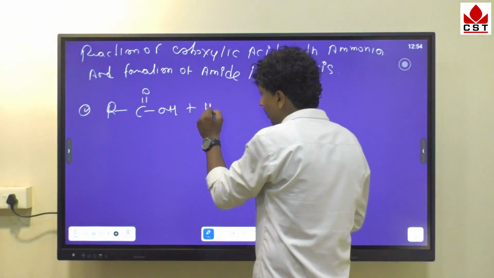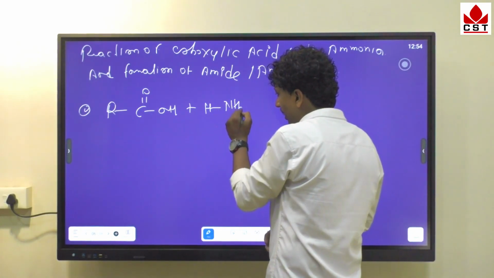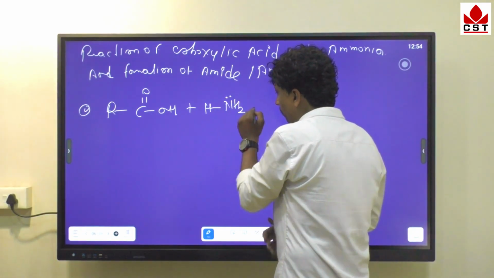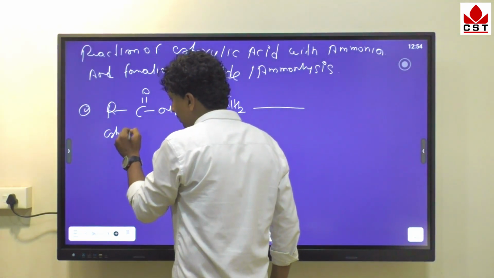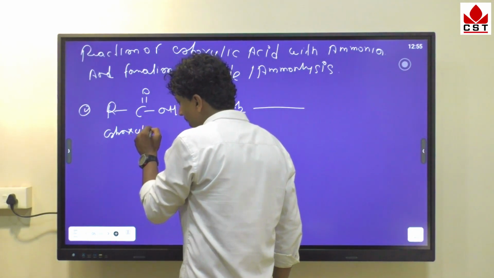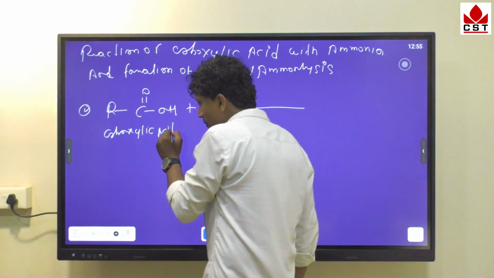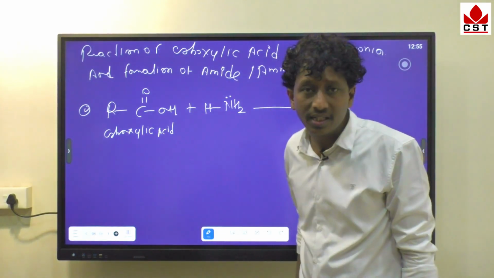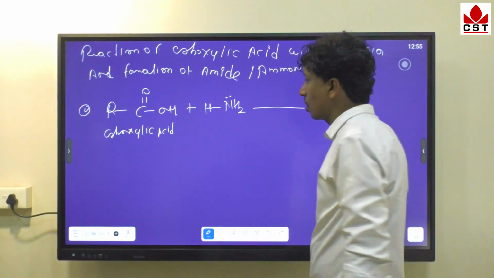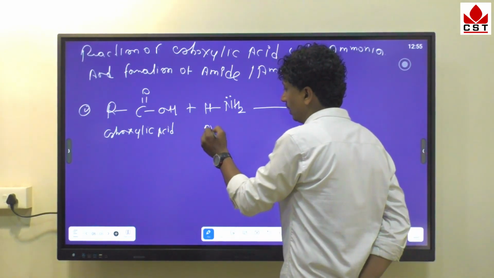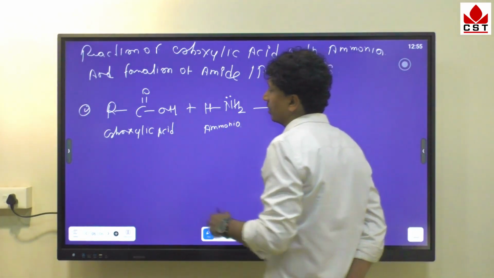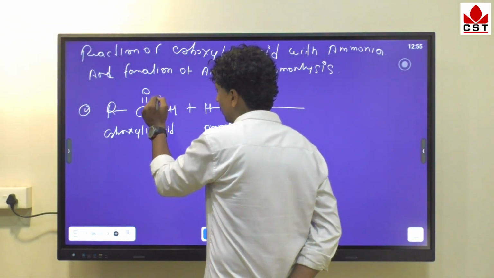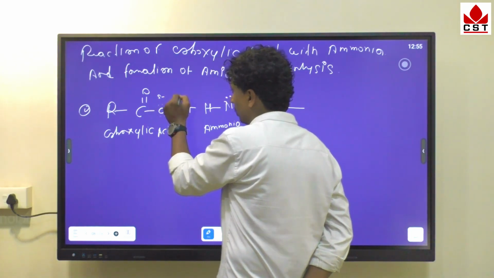NH3 contains a lone pair. The carboxylic acid is the acid. In the reaction of acid with ammonia, a salt forms. The NH3 lone pair is the ammonia. There is oxygen with delta negative and delta positive.